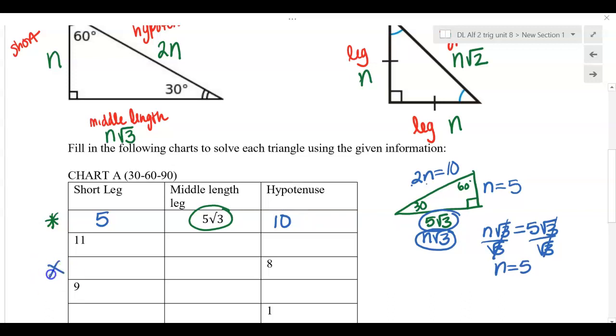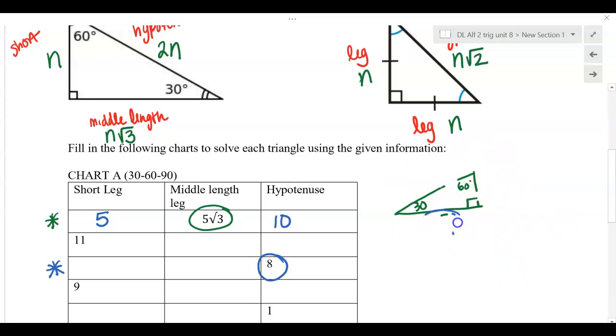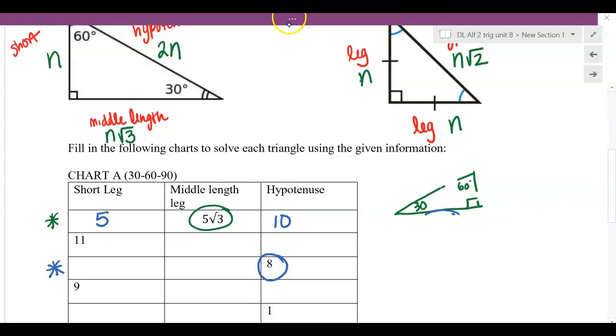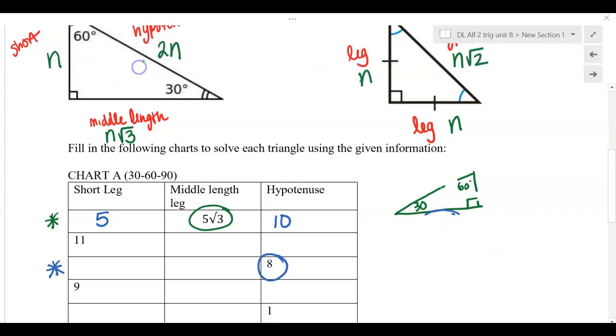Then let's say I look at this problem where they tell me the hypotenuse is 8. It's still the same kind of triangle, but this time the hypotenuse, the longest side, across from the 90-degree angle, is 8.